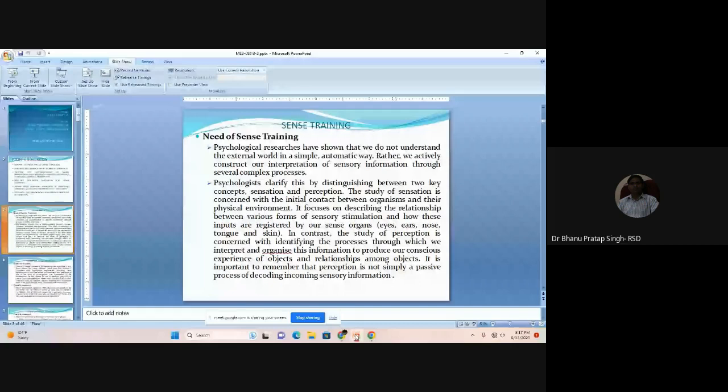It is important to remember that perception is not simply a passive process of decoding incoming sensory information. Means if we talk about sense training, then three are most important: one is concept, second is senses, and third is perception. All three are interlinked to each other.